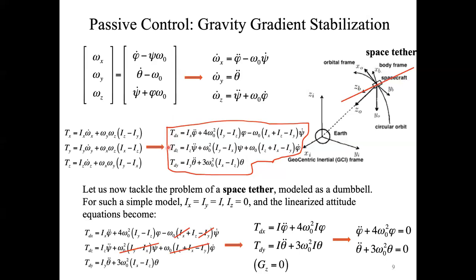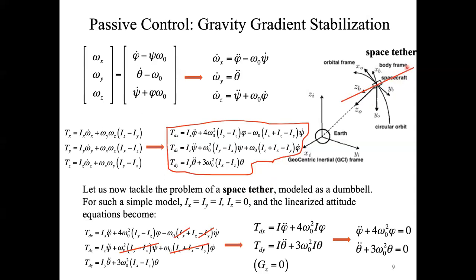So let's do a simpler example. Assume that instead of a spacecraft orbiting Earth, you have a tether. A space tether is basically a long line, which could be a few meters, that has the property of having one moment of inertia equal to 0. So the moment of inertia along the axis of this tether is equal to 0.